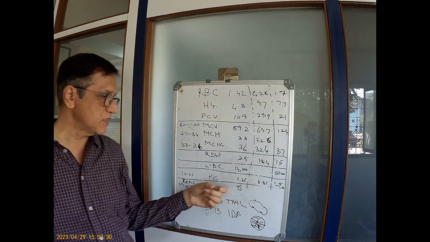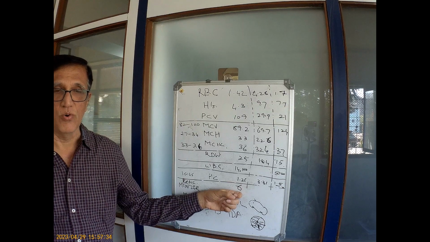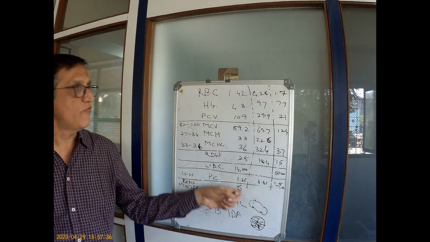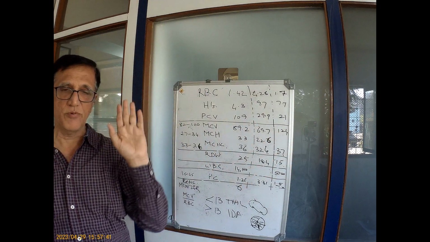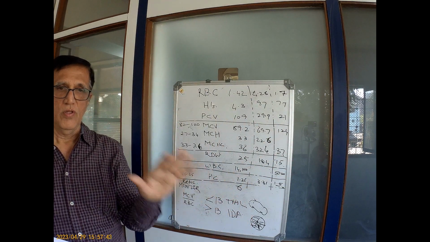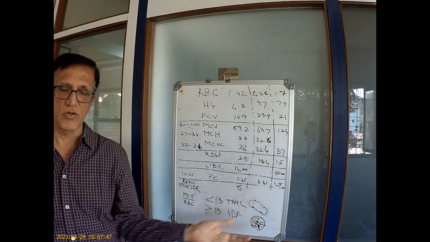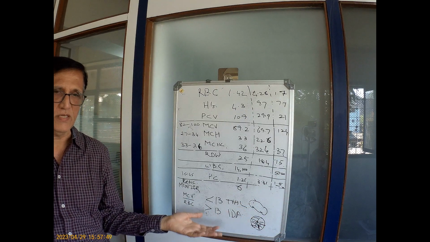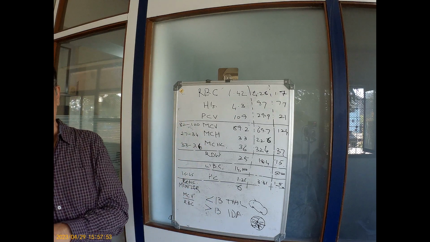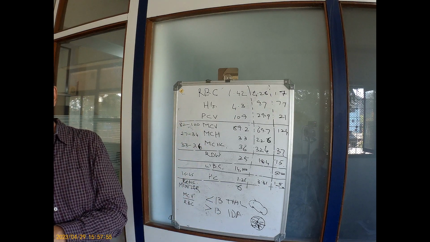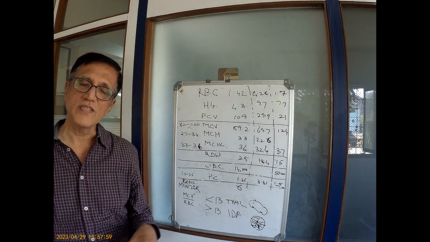So the marrow is working normally. For the hemoglobin to come down, either RBC production is low, or you have lost blood, because of an accident or a heavy period, or RBC destruction has occurred.